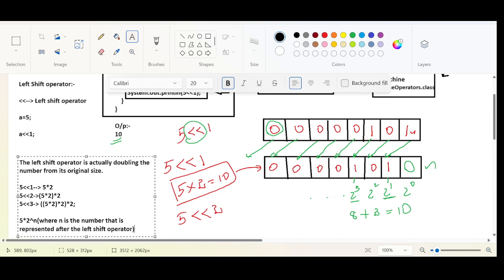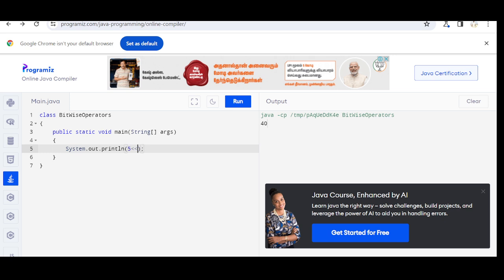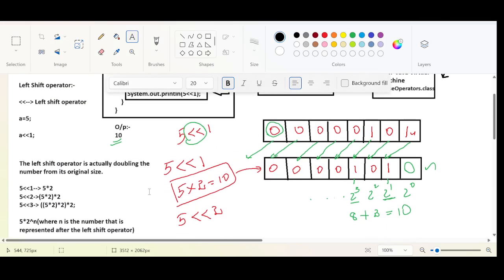Right? Making sense? If I do 4, it means 5 into 2 to the power of 4. So 16 fives, and we are getting the answer 80. Same goes on. So this is all about the left shift operator.